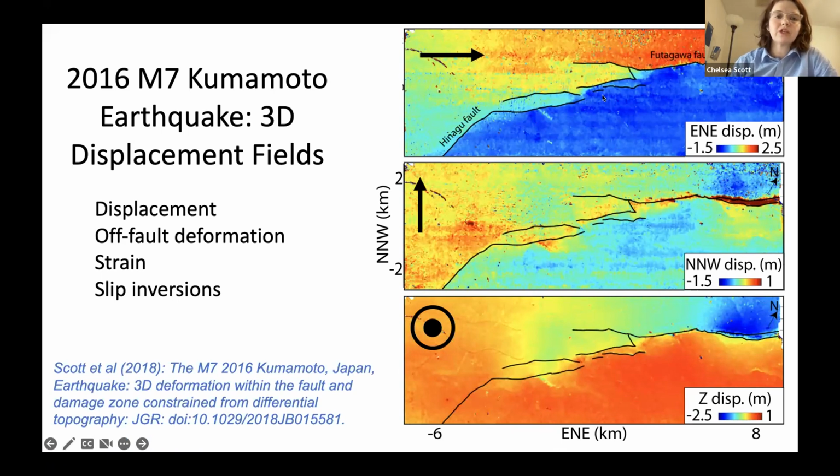And there's this really sharp change in displacement across the fault, and that's indicative of the coseismic slip during the earthquake. And so these differencing maps can be used for a variety of applications, including calculating the coseismic displacement or slip, looking at fault deformation, strain, and in slip inversions. And I'll discuss the latter two.